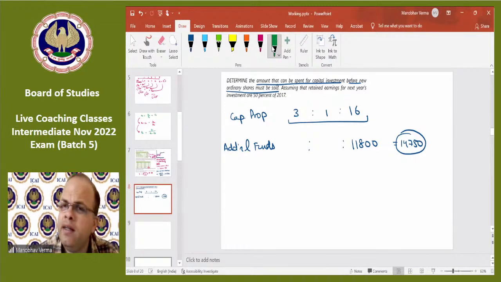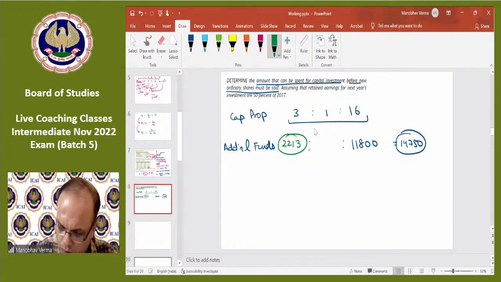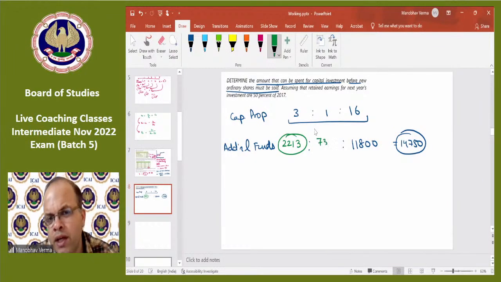So you have a 3 as debenture and 1 as preference shares. So we're talking about 3/20 into 14,750, so we're looking at probably 2,213 coming in from this side, or 14,750 divided by 20, 737 coming in from the preference stock.